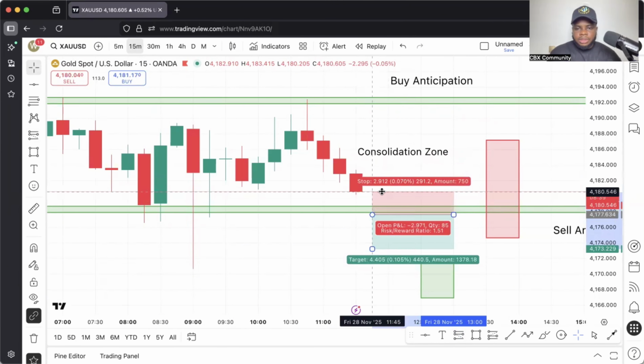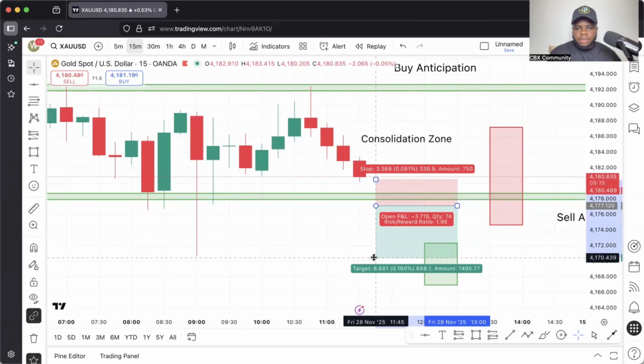So let's see. 30 pips. 33 pips. Then we are looking at 70 pips.